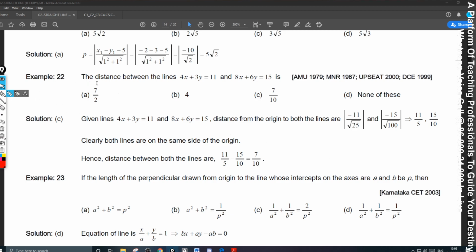What are the intercepts given? A and B. So what is the line equation then? It is x by A plus y by B is equal to 1.